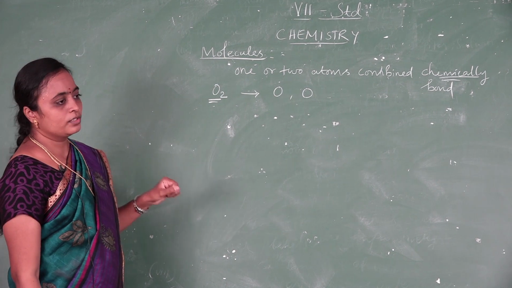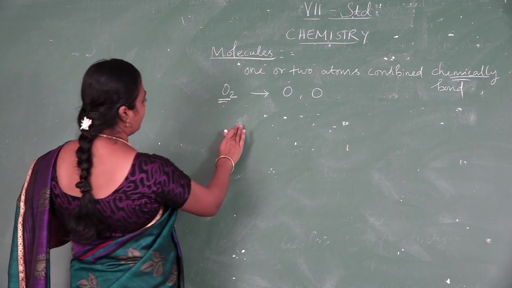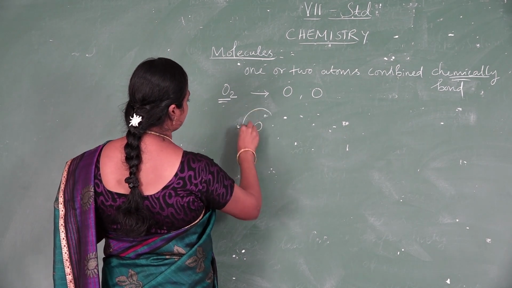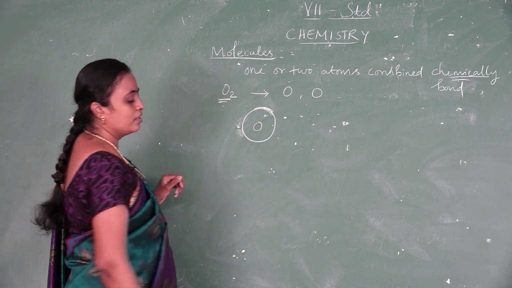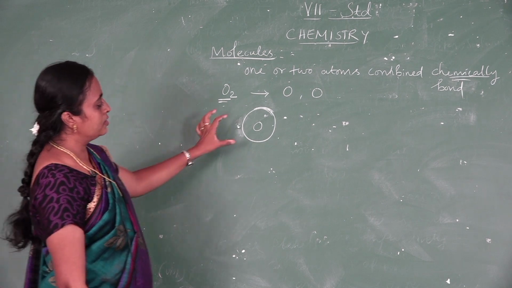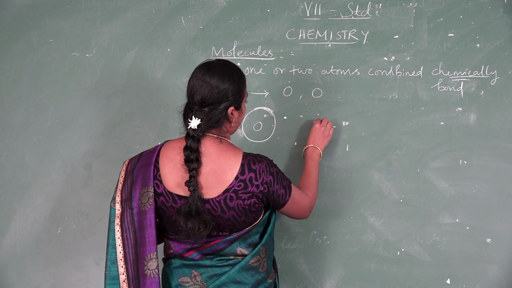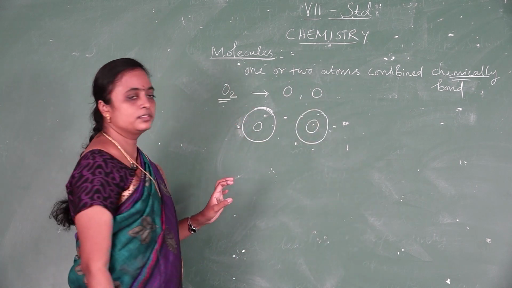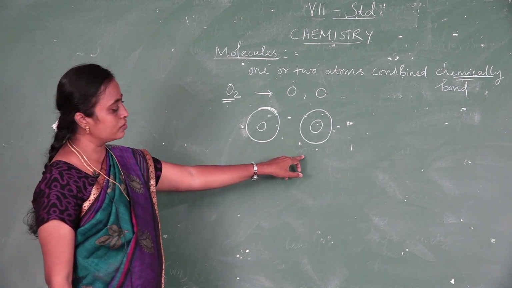I can give a pictorial representation. This is one oxygen atom, I am not showing electrons and all, just the nucleus with the structure. You take another oxygen atom. This is the structure of two oxygen atoms, one oxygen and another oxygen atom.